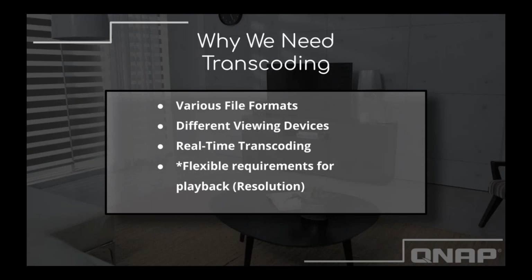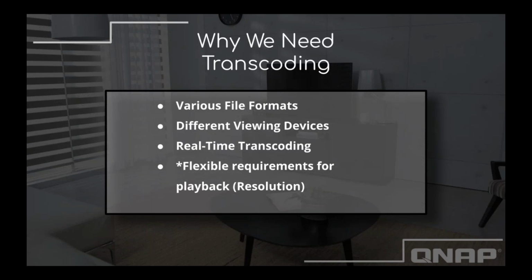Additionally, you may want to transcode to different resolutions. When you're streaming content on the go, you may not have the bandwidth to support higher resolution content, and higher resolution may not even be necessary when you're viewing it on a small screen like a mobile phone or tablet. You may also want to conserve data usage while you're away by transcoding to a lower resolution.